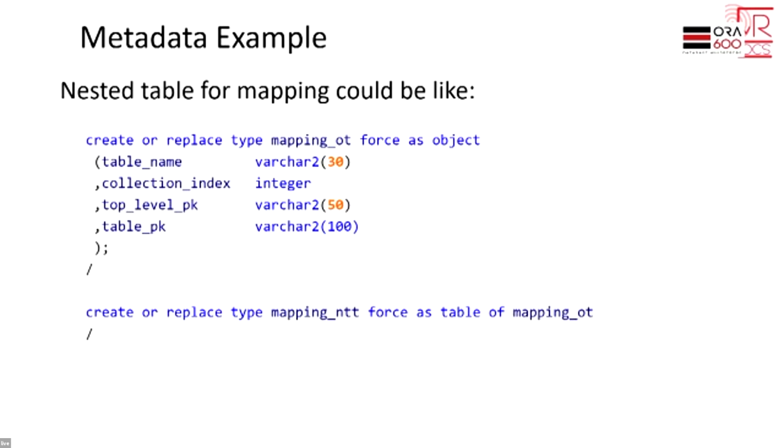Example. This could be such a metadata collection. It stores the table name or the collection name, whatever suits you, the index of the record in that collection, the top-level primary key that it belongs to, and its own primary key.